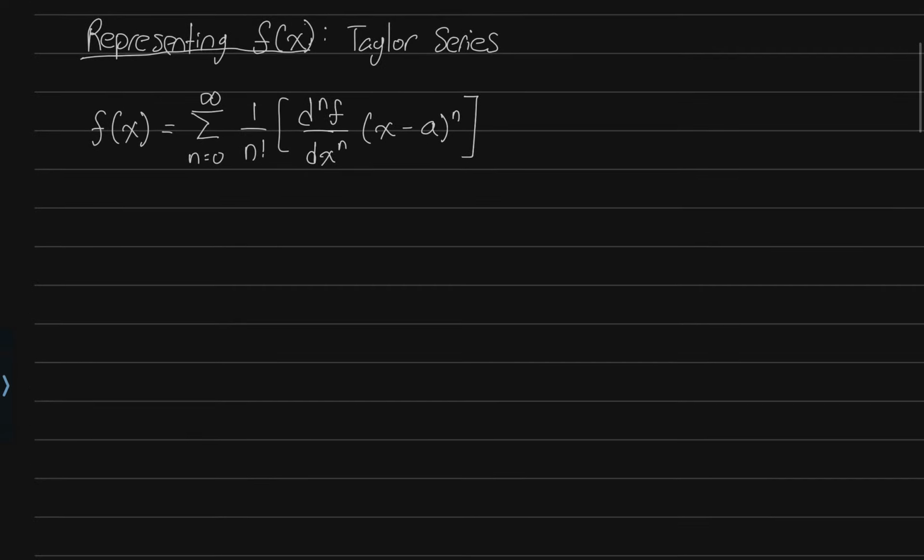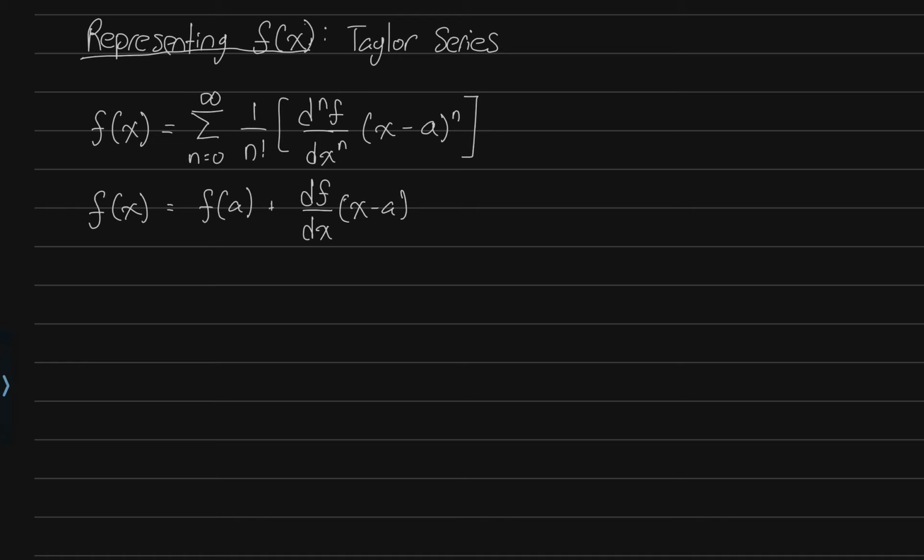Without the infinite series form, I can write it as f of a, plus df/dx times (x minus a) as my second term.